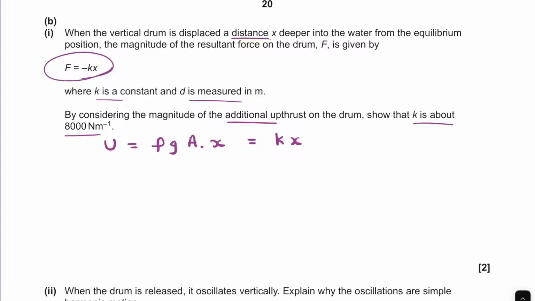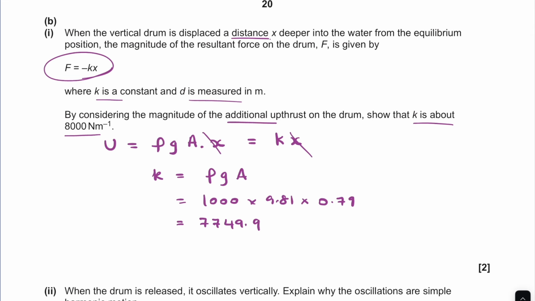That's equal to the resultant force, and x cancels out, and that gives me k as rho g A, where all values are provided in the main question, and that gives me 7,749.9, which is, to one significant figure, 8,000 newtons per meter. So that is part I done.